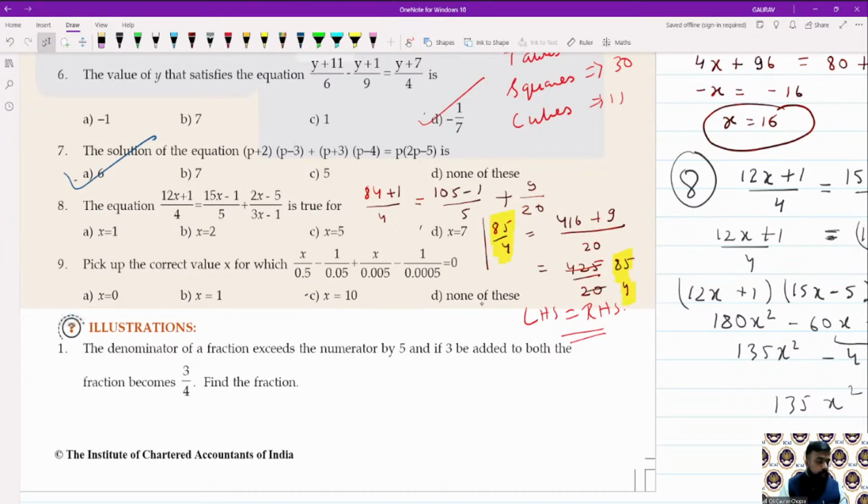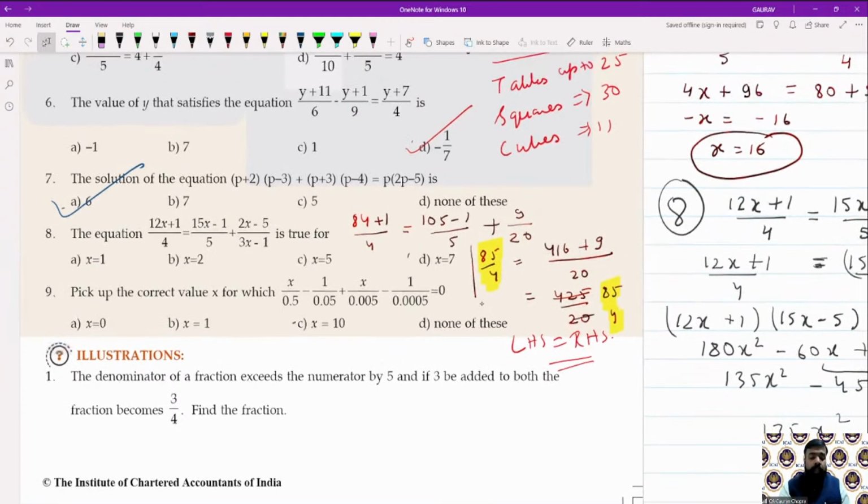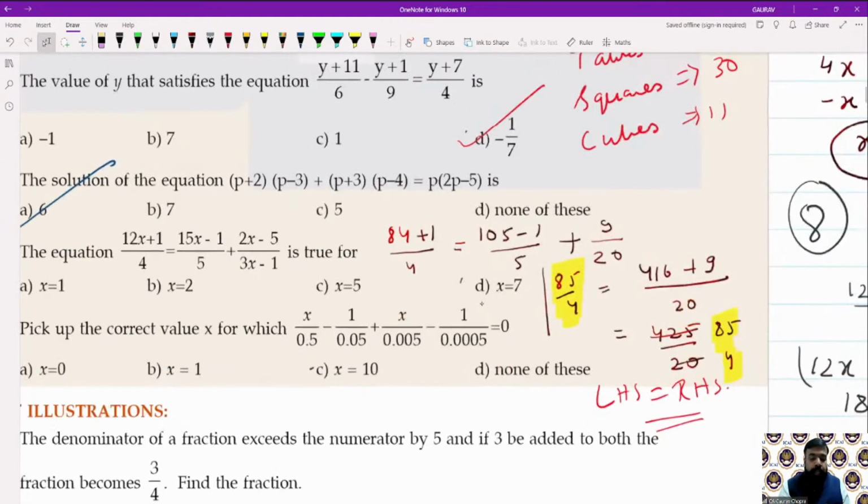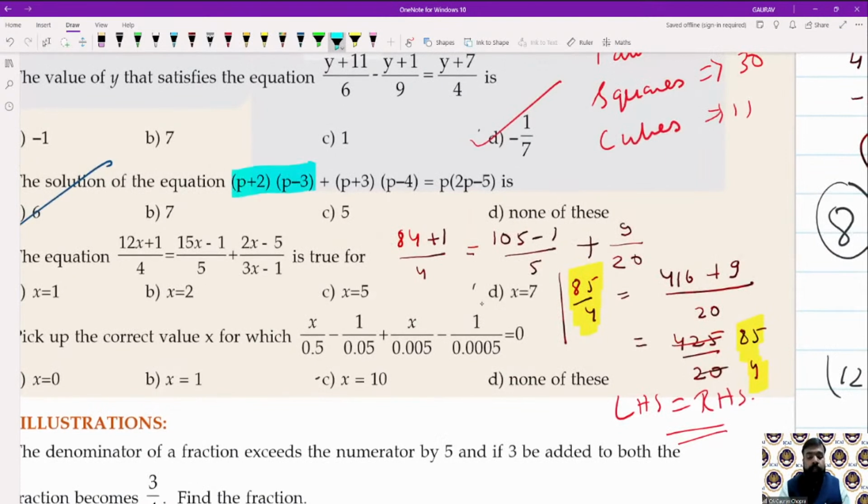Now let's see what are the doubts. Lucky was asking, please explain the seventh question once again. See, in question number 7, what we had done was multiply these. The first two brackets are multiplication, plus the next two brackets are also multiplication, equal to, and then again multiply.